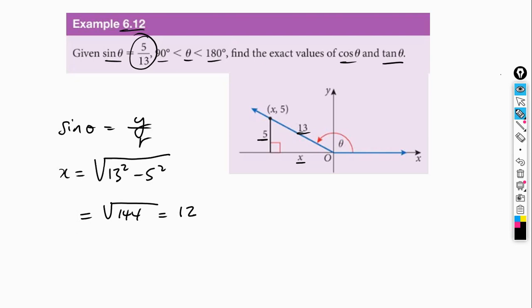So now we know that x has to be negative 12. Now it's negative because it's in the second quadrant. So we have then that cosine of theta is equal to negative 12 over 13, and that tangent of theta is equal to negative 5 over 12.